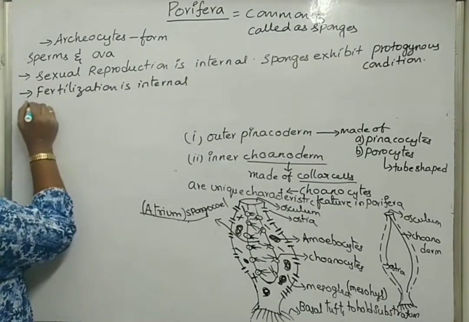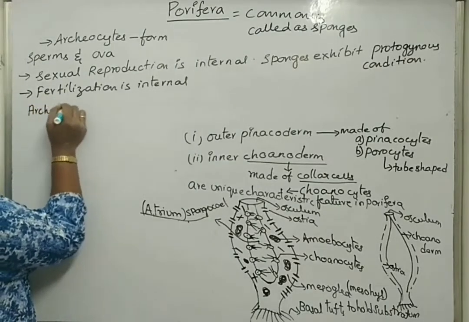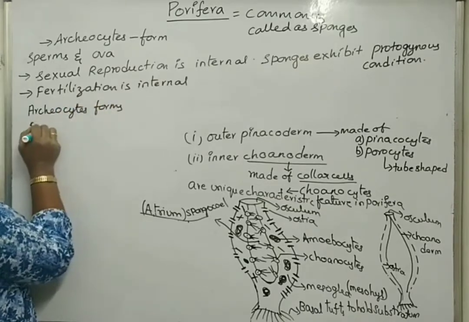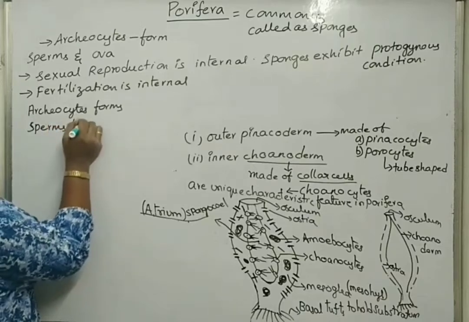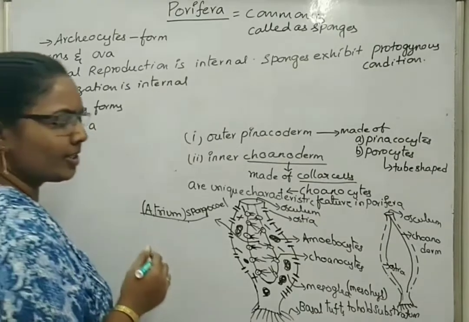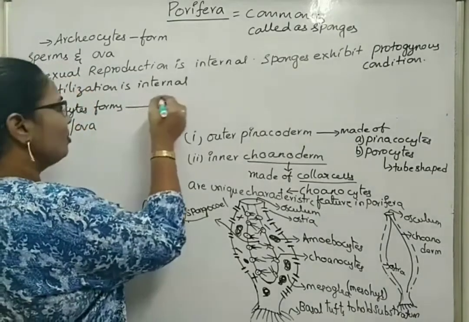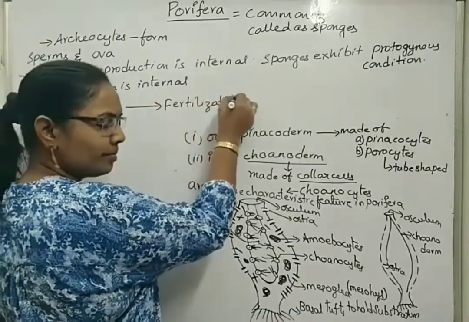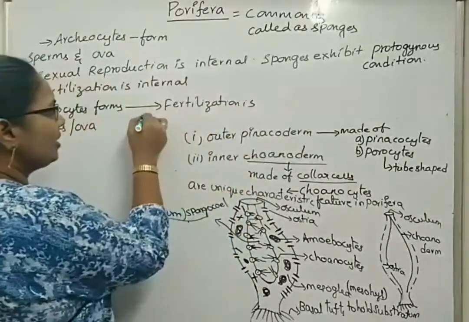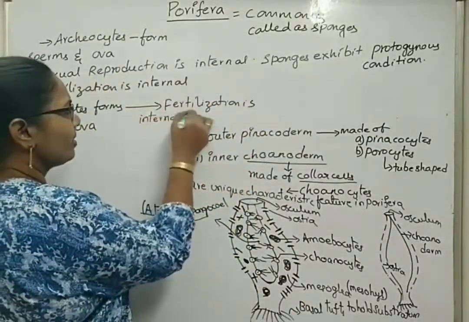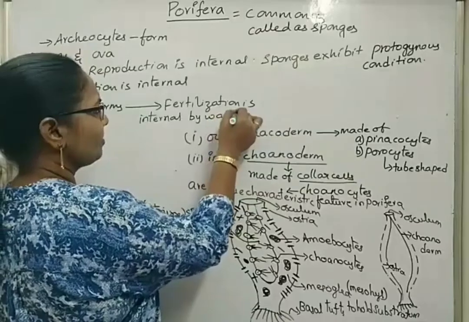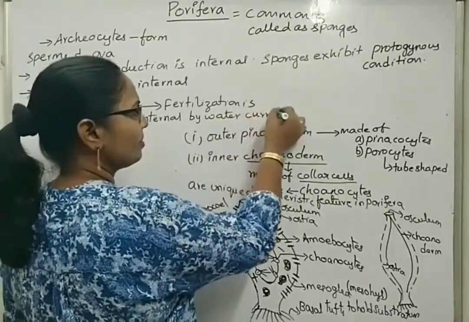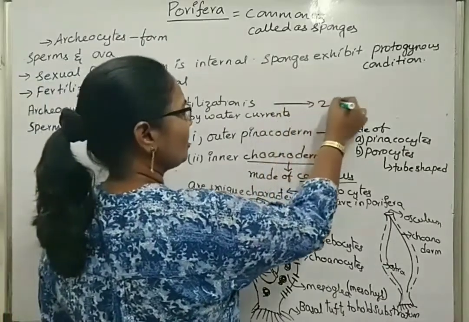Next, when archaeocytes form sperms and ova, they are exchanged between two sponges. Fertilization is internal by water currents. We know that there is a water canal system. So it forms zygote.